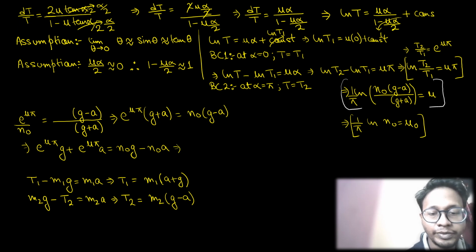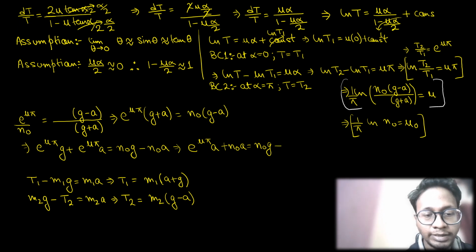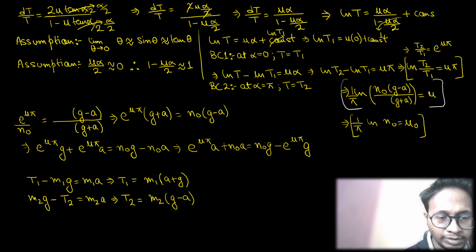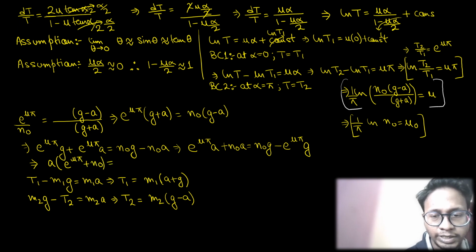Or e to the power mu pi A plus n naught A is equals to n naught G minus e to the power mu pi G.